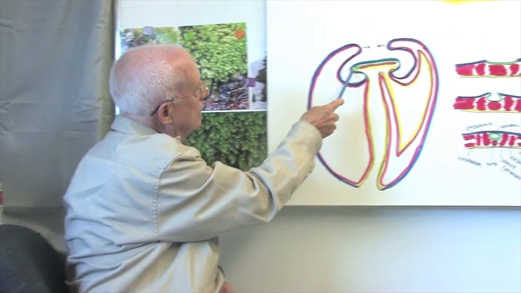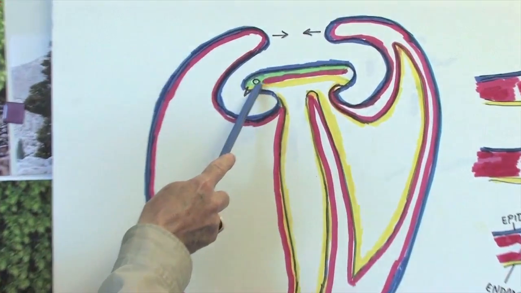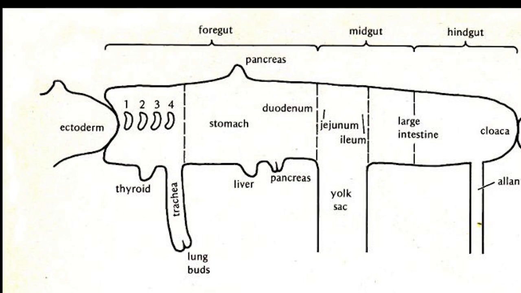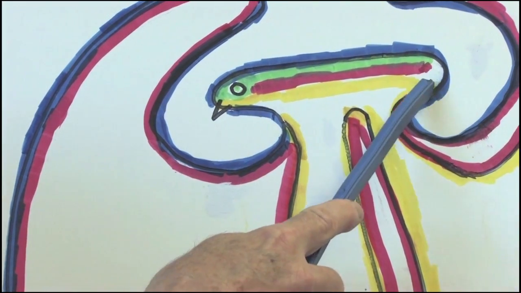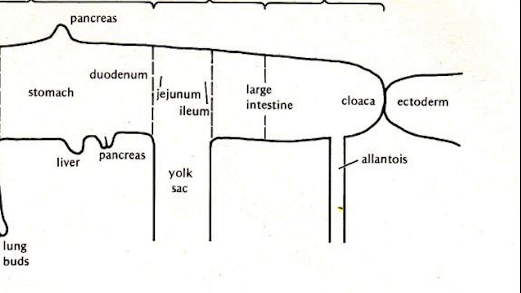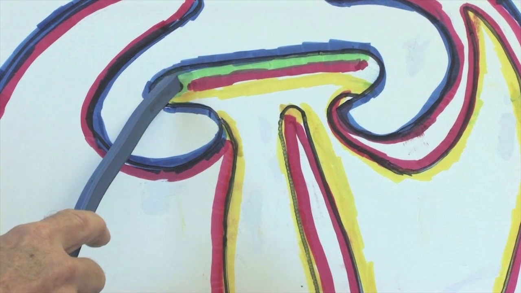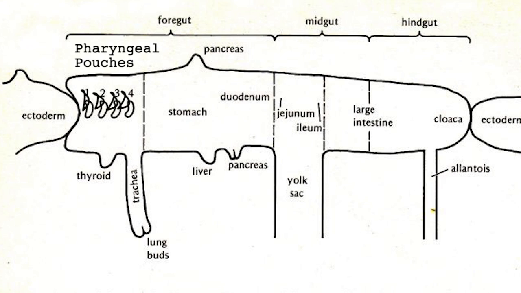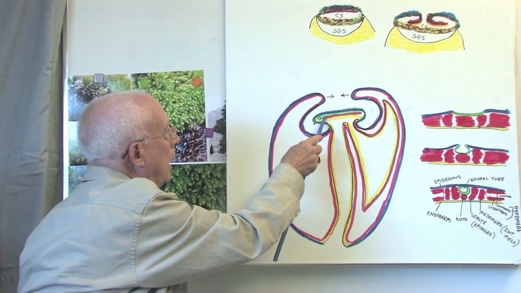And that's at the mouth, endoderm and ectoderm, and at the anal region, endoderm and ectoderm, and also at the pharyngeal pouches, which are outpocketings of the endoderm, which occur about here.